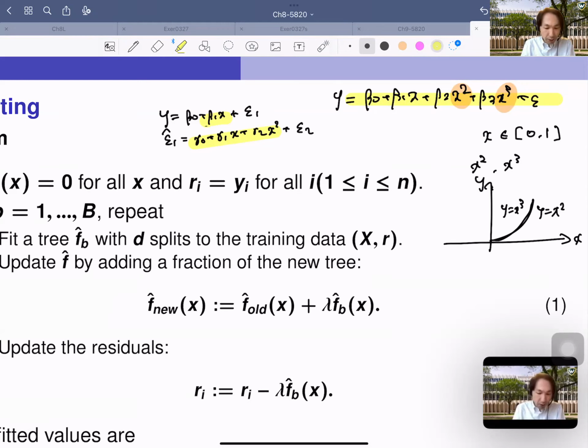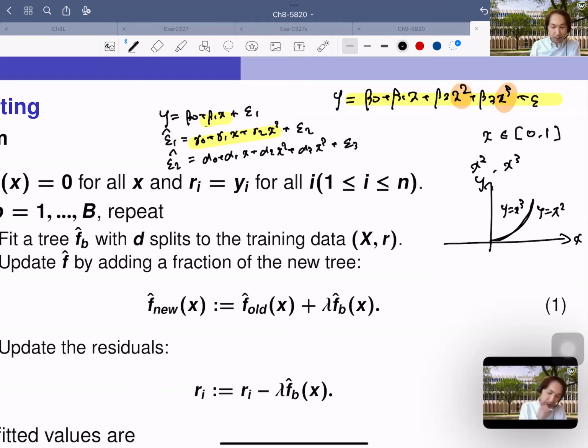So then we fit another, maybe cubic curve, for example, epsilon 2 hat, the estimated epsilon 2, on delta naught plus delta 1 x plus delta 2 x squared plus delta 3 x cubed plus epsilon 3. Maybe this isn't a very good example, but this component is orthogonal to the previous two components.